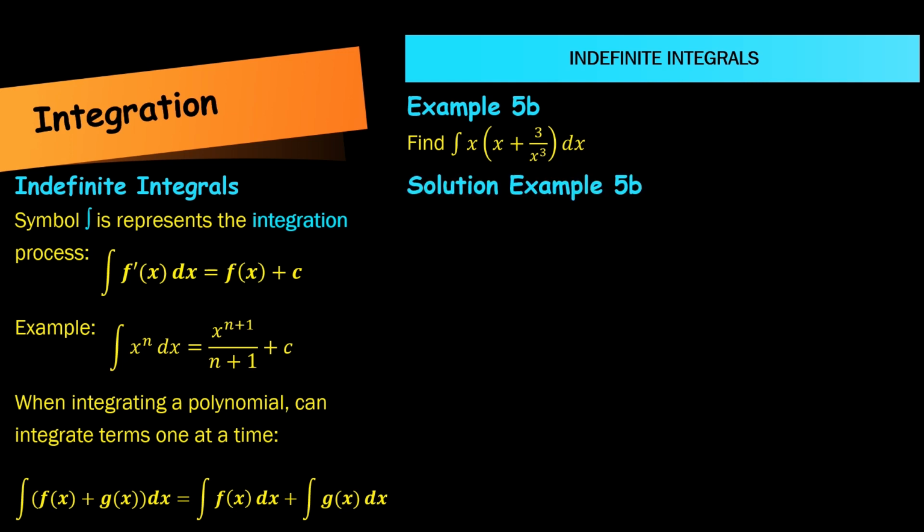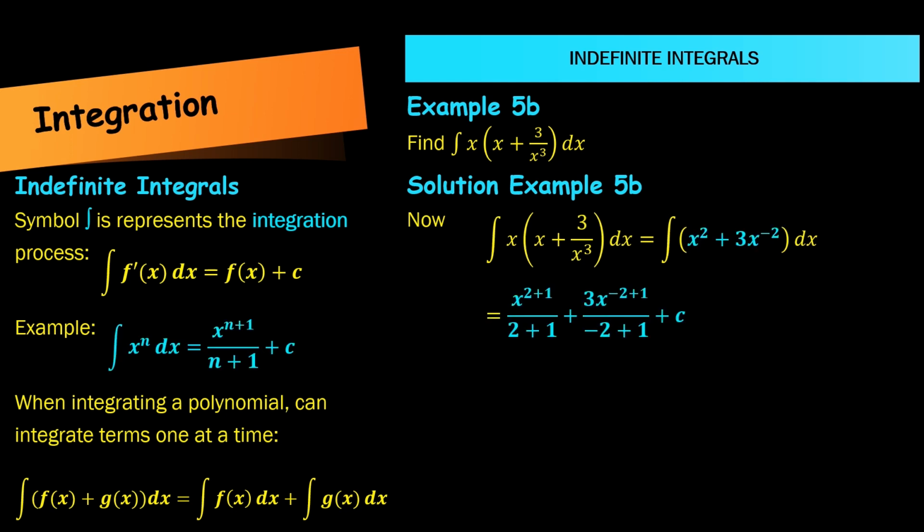First expand the brackets as shown, and then integrate. So the integral of x squared dx becomes x to the 2 plus 1 divided by 2 plus 1, and the integral of 3x to the minus 2 dx becomes 3x to the minus 2 plus 1 all over minus 2 plus 1, plus the constant of integration.